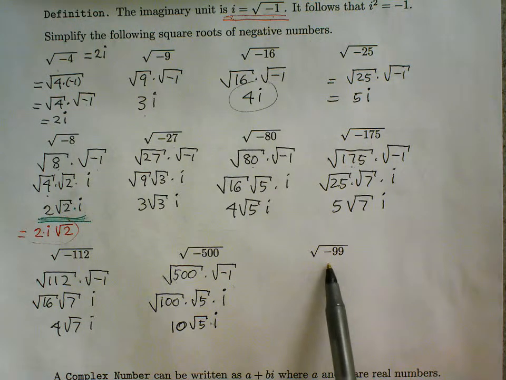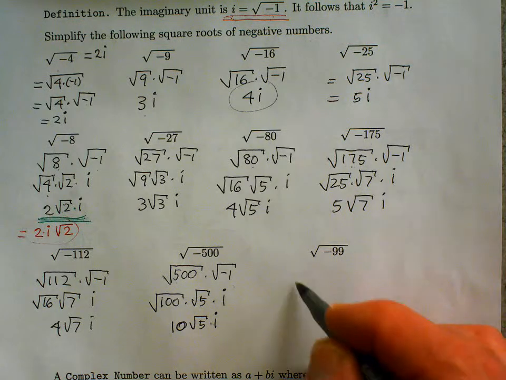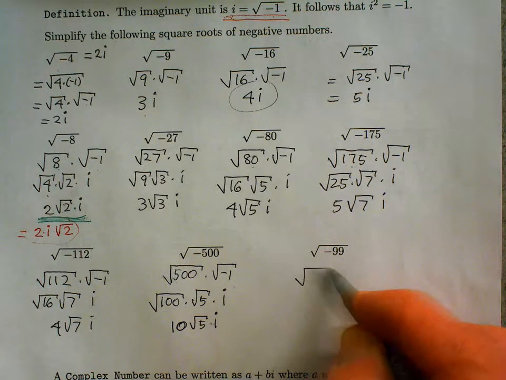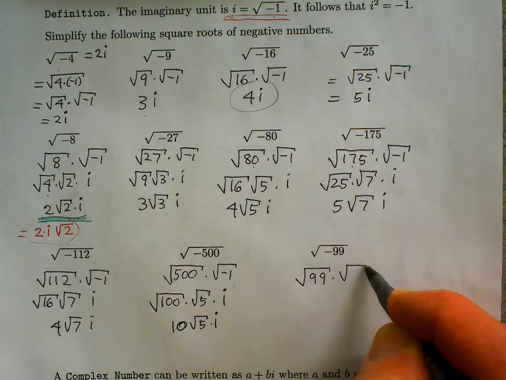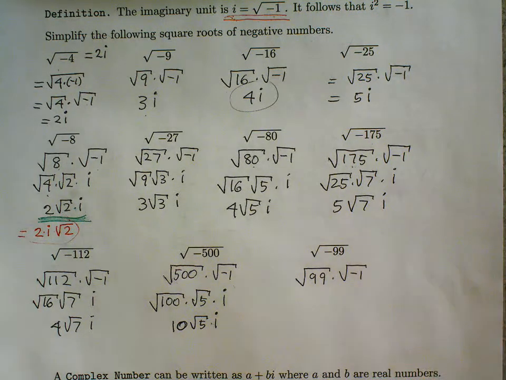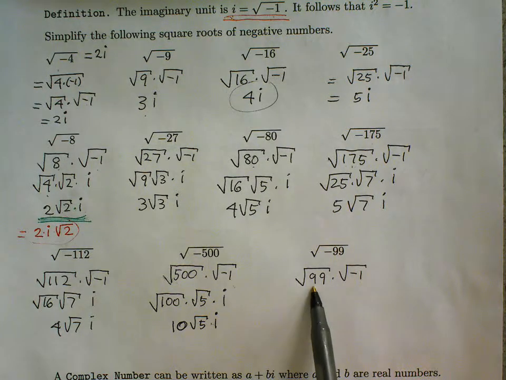And one more, the square root of negative 99. First, write it as the square root of 99 times the square root of negative 1. The square root of 99 can be simplified. The largest factor of 99 that is a perfect square is 9. 9 times 11 is 99.